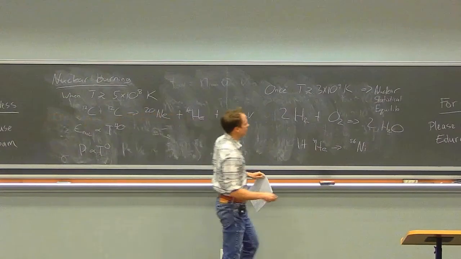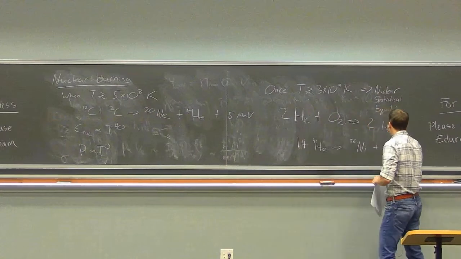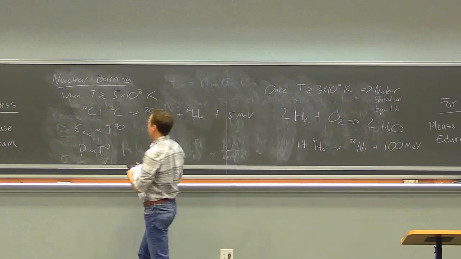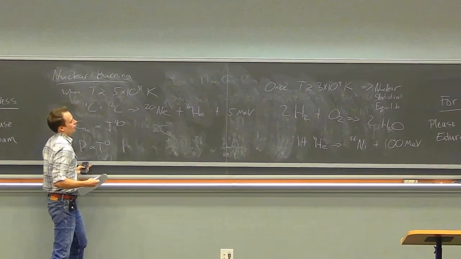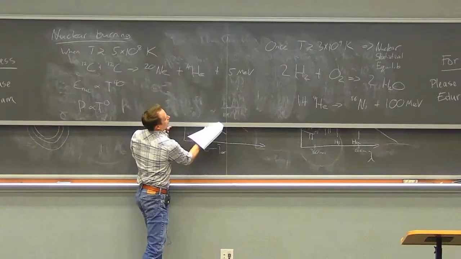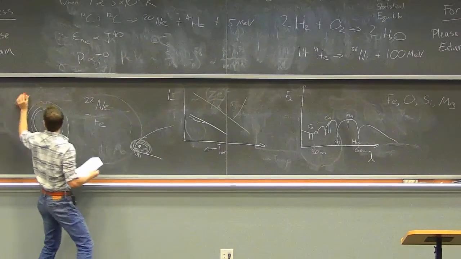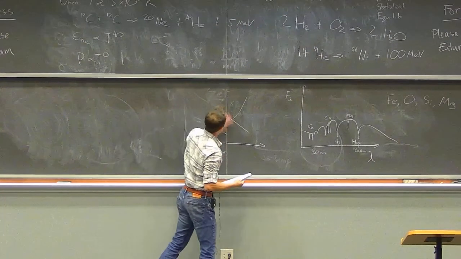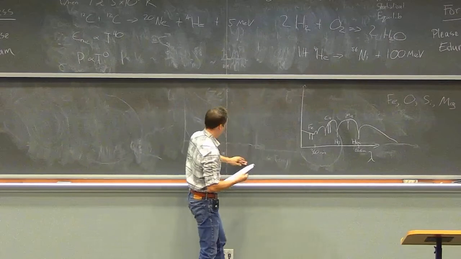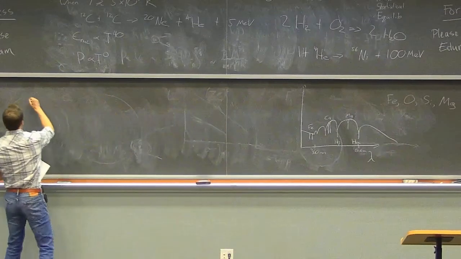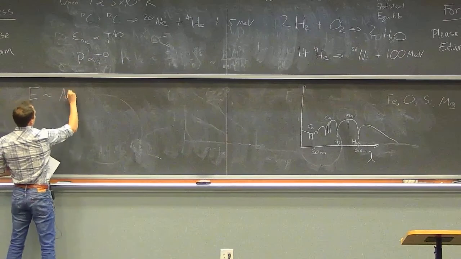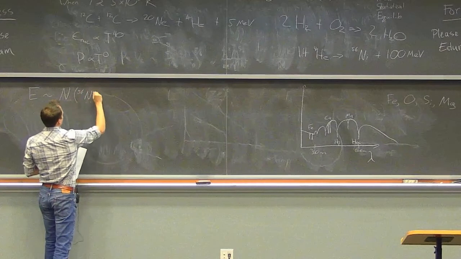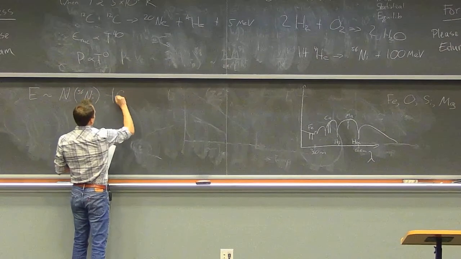Every time you do this, it's something like 100 mega electron volts. Okay, so that's each reaction. So the total energy released is basically the number of nickel-56 atoms that you make times 100 MeV.